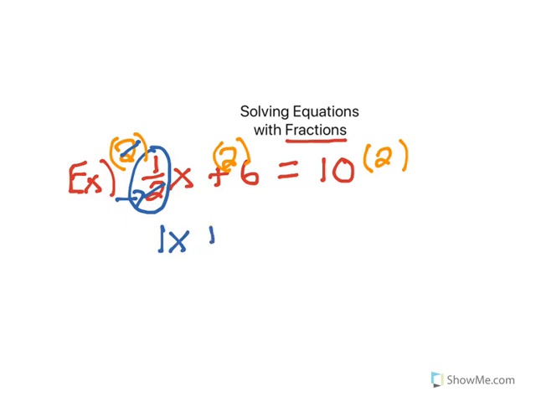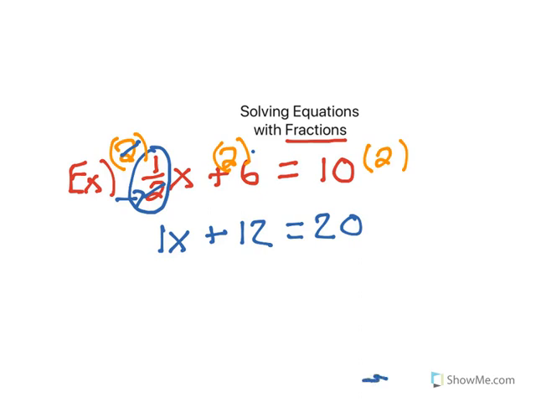Now these next two terms are much easier for us. 2 times 6 is 12. 10 times 2 is 20. Now at this point, after I've done that multiplication, notice I've gotten rid of my fraction. So this equation should look really easy to us now.